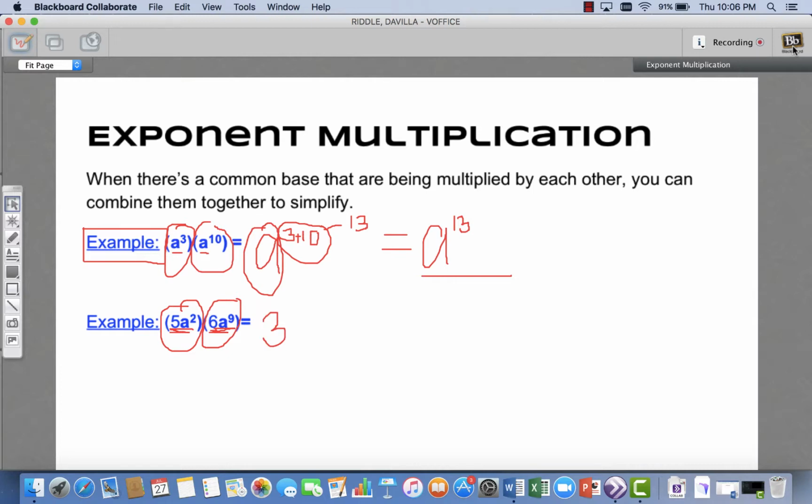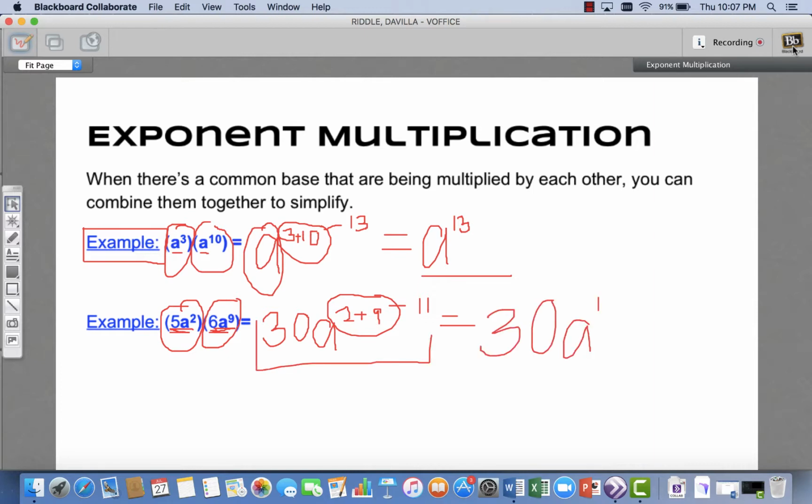So we get 30a to the 2 plus 9th power. When we add these together, we get 11. So this whole thing can be rewritten as 30a to the 11th power.